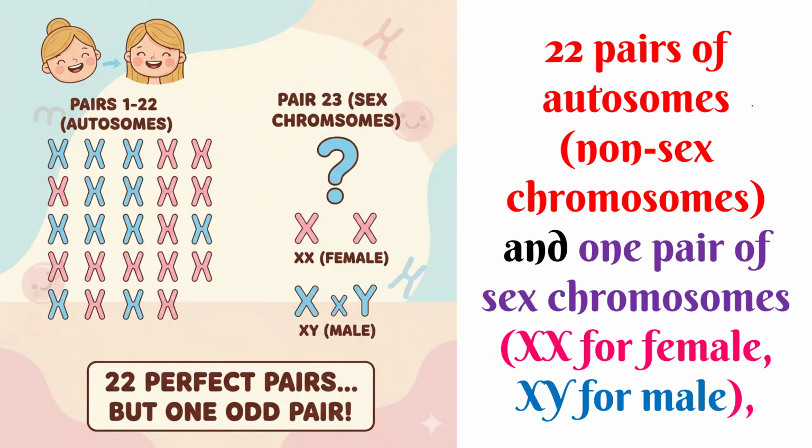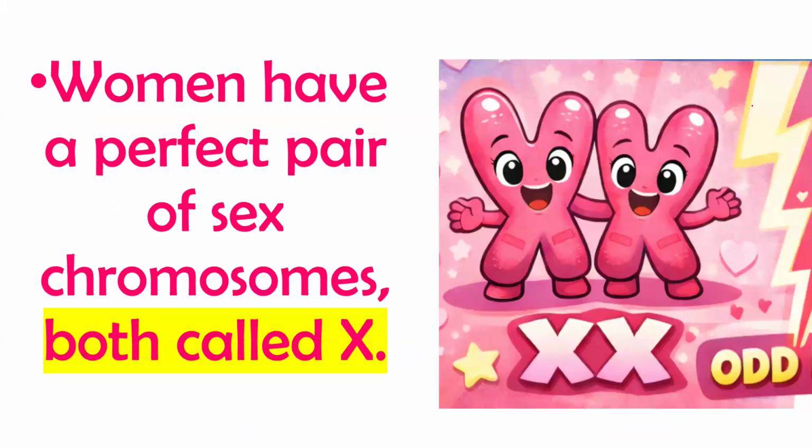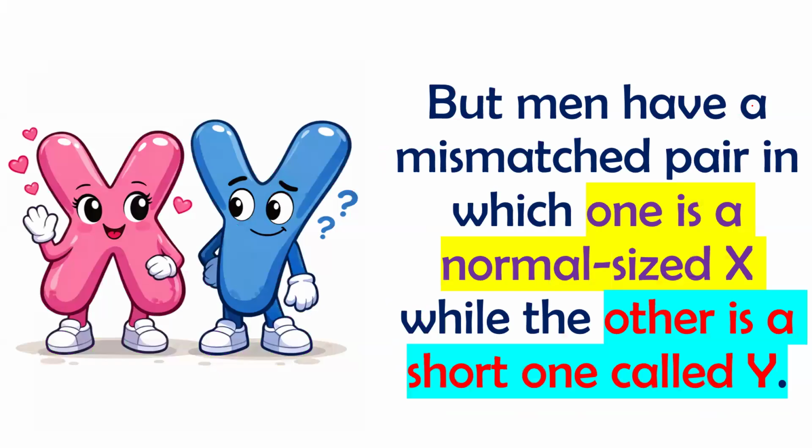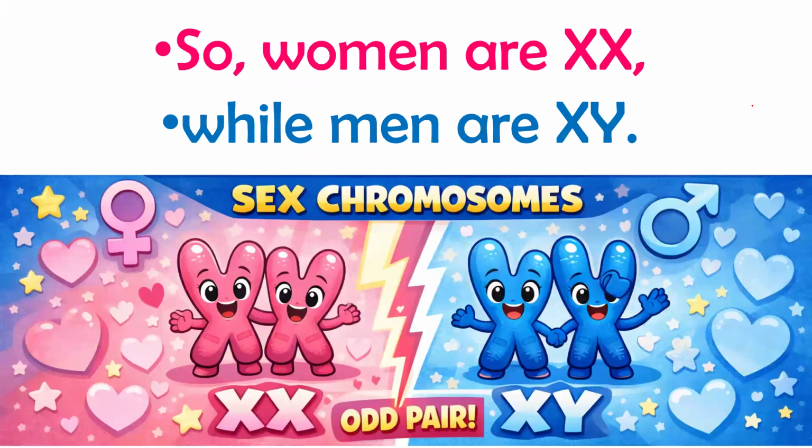Women have a perfect pair, both X. But men have a mismatched pair: one is a normal X while the other is a short one, Y. So women are XX while men are XY. Who has the odd pair? Men.